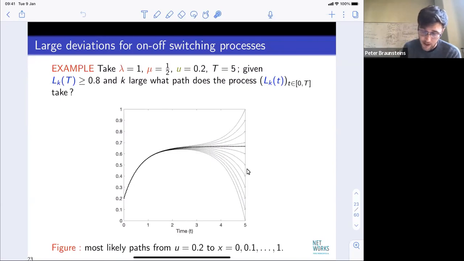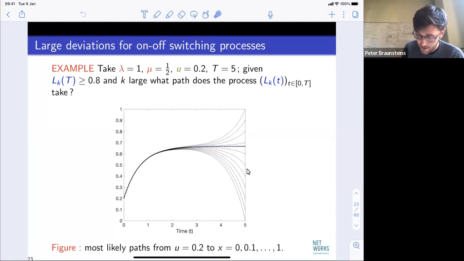This is illustrated on this graph here, where on the y-axis we have the edge density, and on the x-axis we have time. Again, we're interested in unusually large edge density at time t equal 5, and we've got this edge density be 0.8, which is here. The dotted path here is the expected edge density.